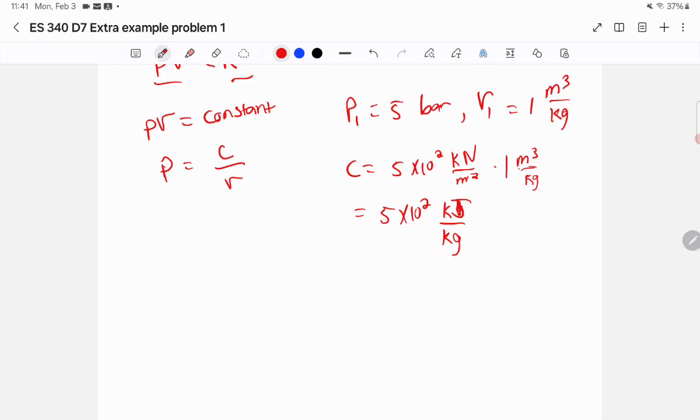So the work from 1 to 2 is, I'm sorry, actually this is the specific work. I'll give it a lowercase w, because notice we have this in kilojoules per kilogram. So this is really going to be the specific work that is done.